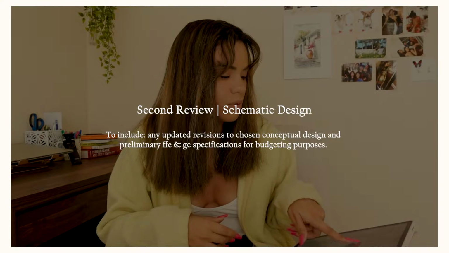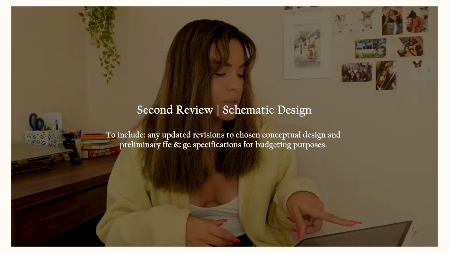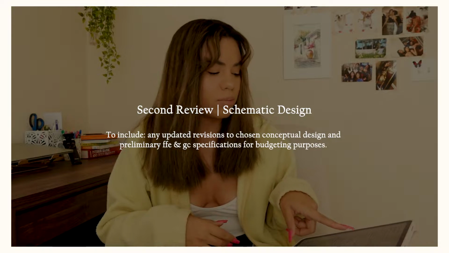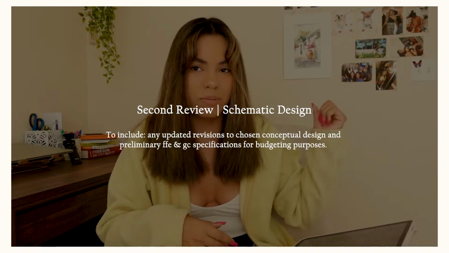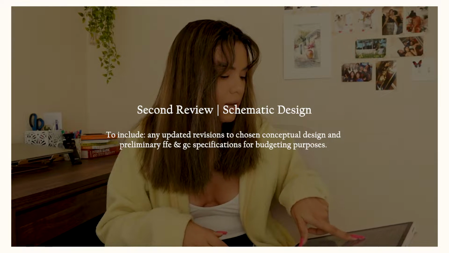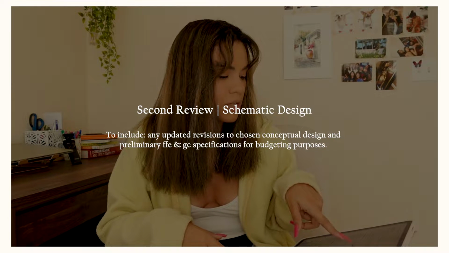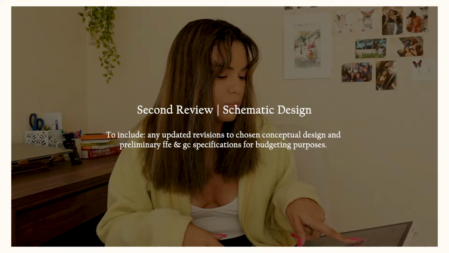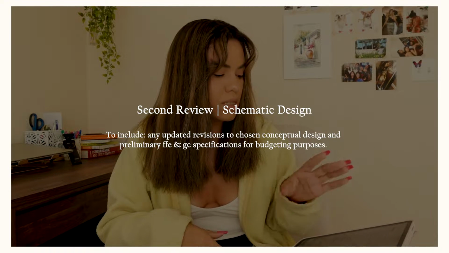Next is the second review, which is schematic design. This is the stage that I'll be following after my revisions for my residential project. But this is to include any updated revisions to the chosen conceptual design and preliminary FF&E and GC specifications for budgeting purposes.